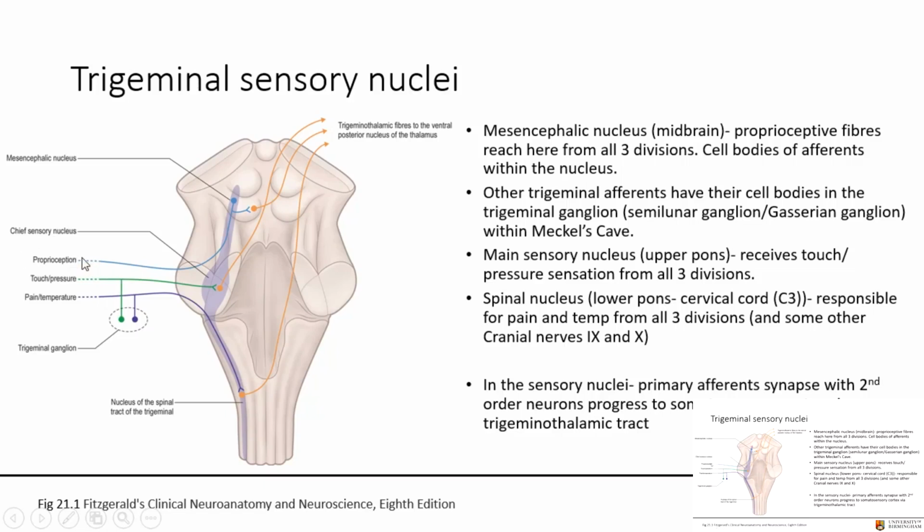The axons will enter here and will synapse at this nucleus. And so this one, the mesencephalic nucleus, is related to proprioception. Then we have touch and temperature. This one has the cell bodies located in the trigeminal ganglion.